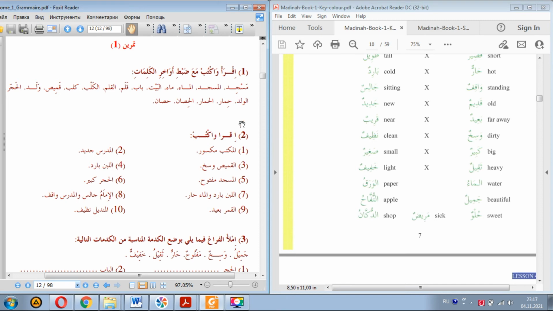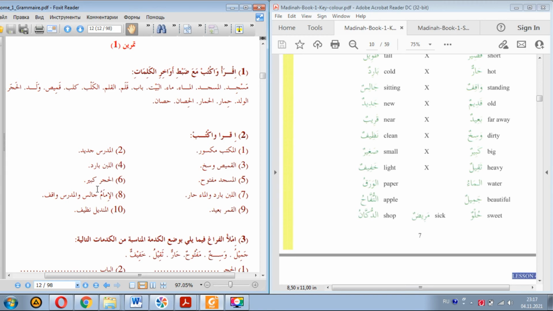So the second exercise is اقرأ واكتب. المكتب مكسور. The desk is broken. المدرس جديد. The teacher is new. القميص وسخ. The shirt is dirty. اللبن بارد. The milk is cold. المسجد مفتوح. The mosque is open. الحجر كبير.